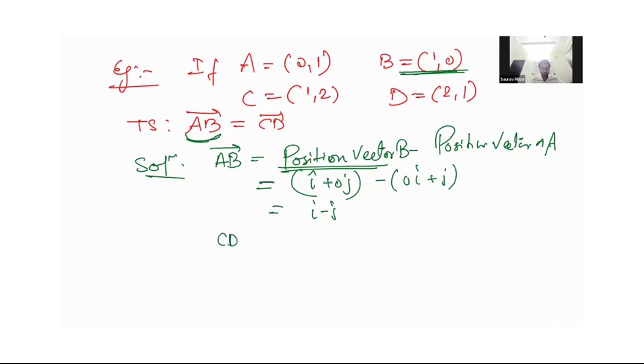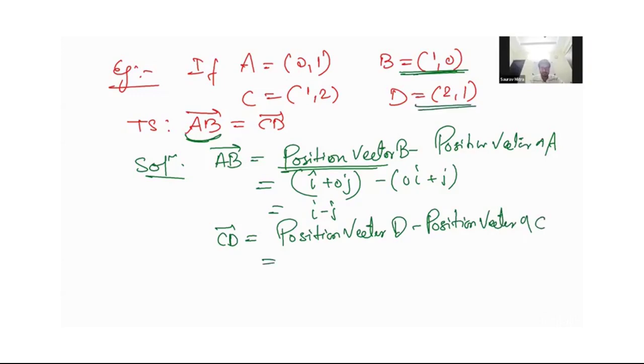Now the CD vector means the position vector of D minus the position vector of C. Clear? The position vector of D is 2i plus j, minus the position vector of C, which is i plus 2j.